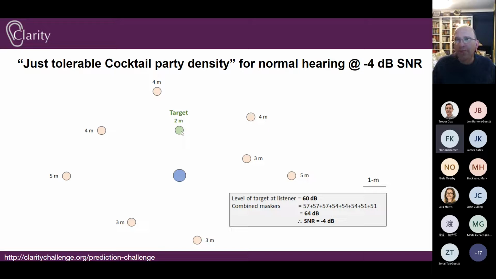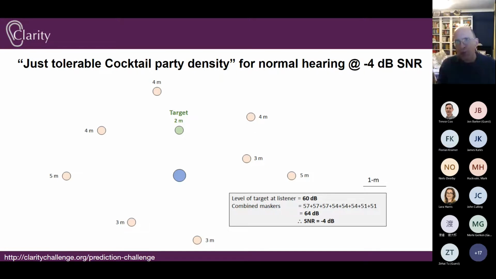Let's imagine the level of that person's speech when it gets to your ears is 60 dB. If you then have people also babbling away in these other positions, you add up the powers of their speech, and that adds up to, at your head, 64 dB. So your signal-to-noise ratio is -4 dB. We're assuming it's an anechoic free-space cocktail party because it makes the maths easy.